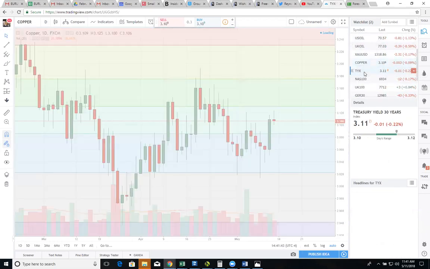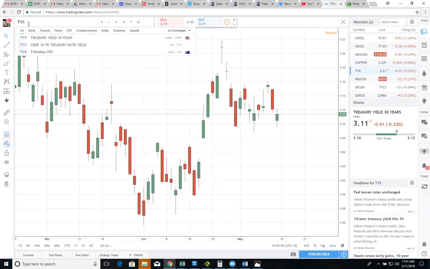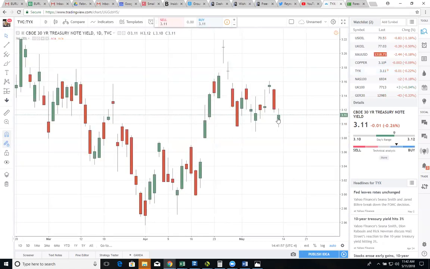The 30-year yield, it's a delayed time. Okay, this is a little bit more accurate. Same thing, right? It's also down, which is the same.